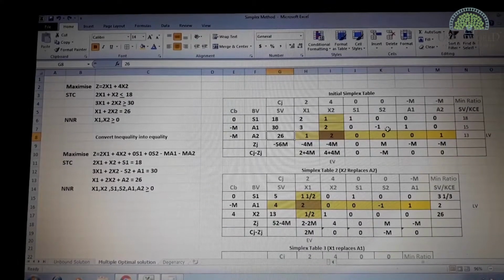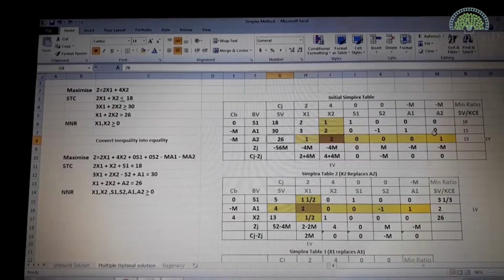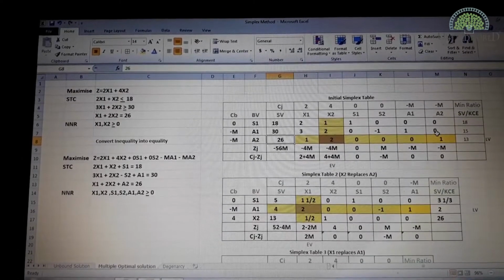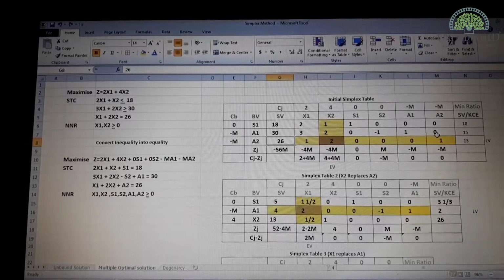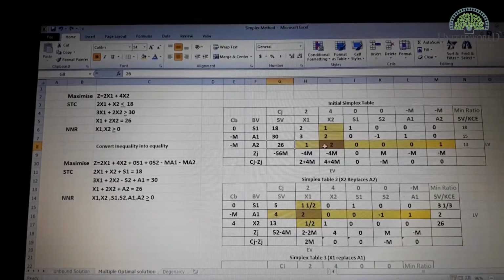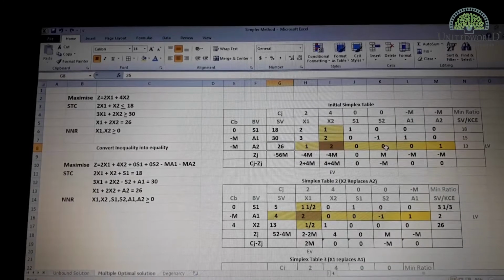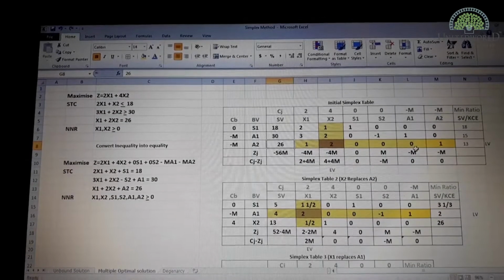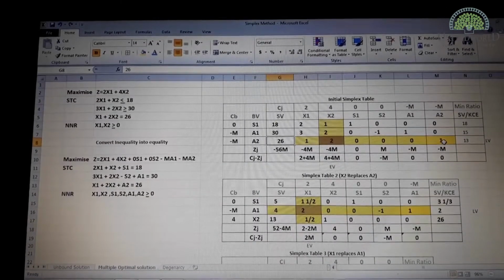Minus s2, therefore we have recorded minus 1, plus a1, therefore plus 1, and 0 for a2 as we do not have the a2 variable in our second STC. Coming down to the third STC, it is written as 1x1 plus 2x2. We do not have s1 and s2 in the third STC, nor do we have the artificial variable a1. We have only a2, so it will be given a value of 1 in the third row.